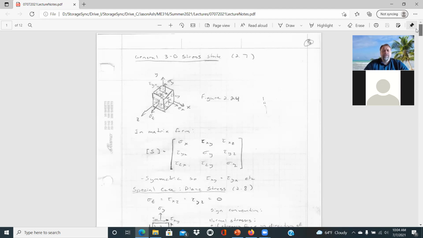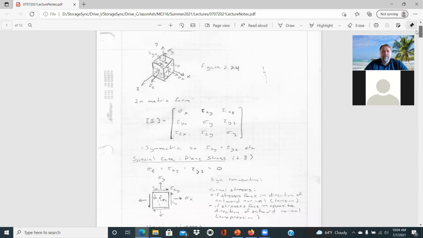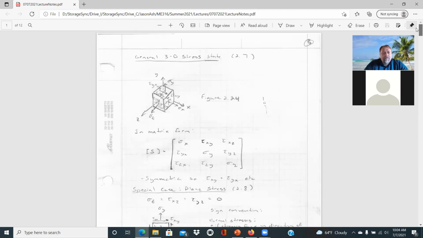These are my lecture notes. I didn't really have to rewrite these at all. They were okay, just photocopied in. Recalling from ME 216, you have a potential for a full 3D state of stress. I have the X, Y, and Z axes shown.